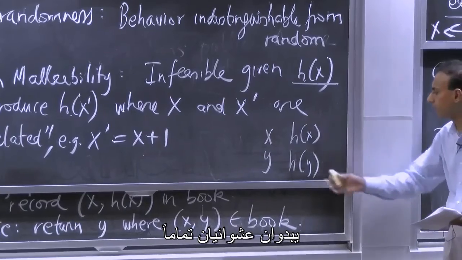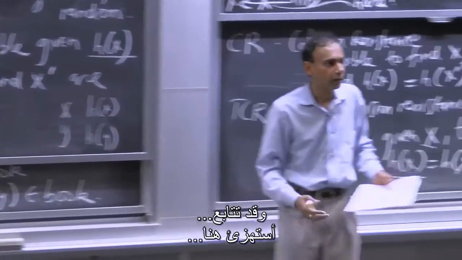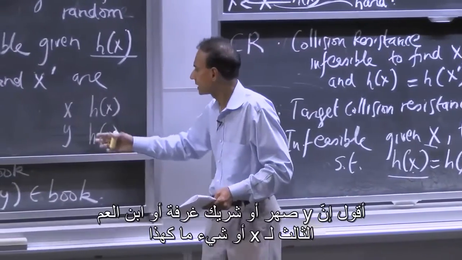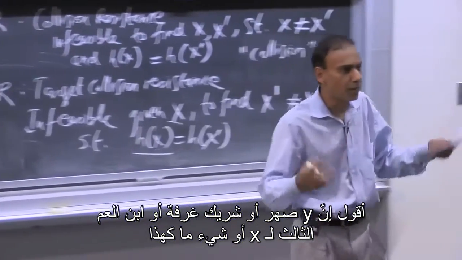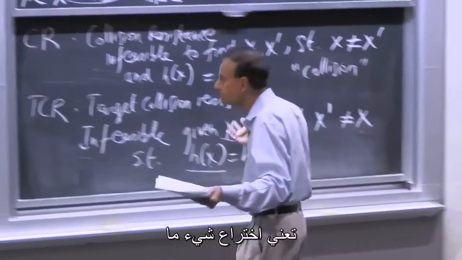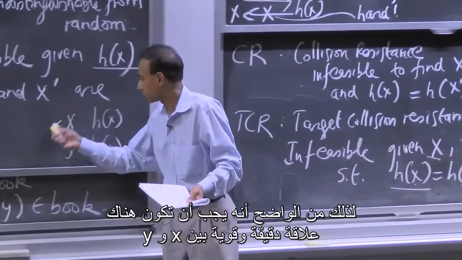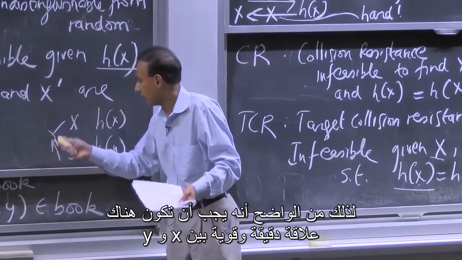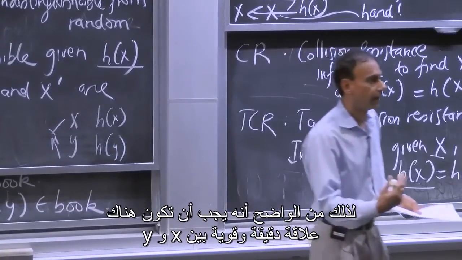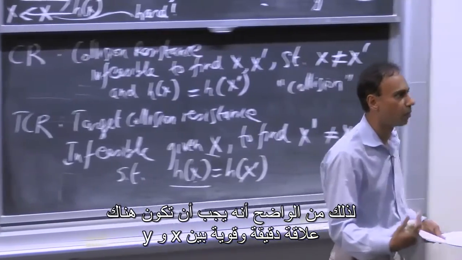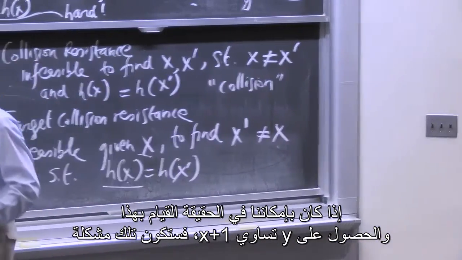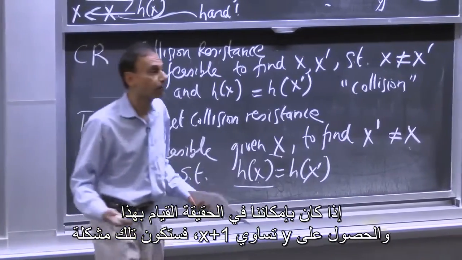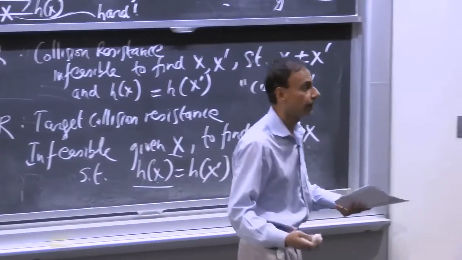These look completely random, and I'm being facetious here, I say that y is x's third cousin's roommate's brother-in-law or something, right? I mean, just mix something up, right? So clearly, there's got to be a strong, precise relationship between x and y. If in fact you could do this and get y equals x plus 1, that'd be a problem, right?